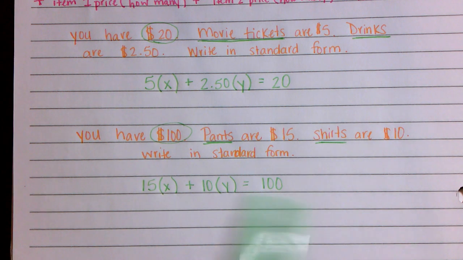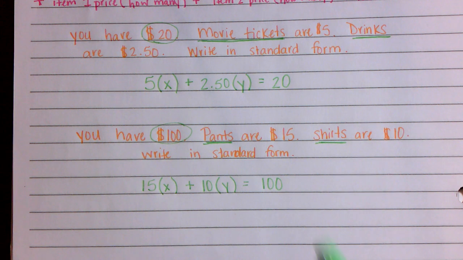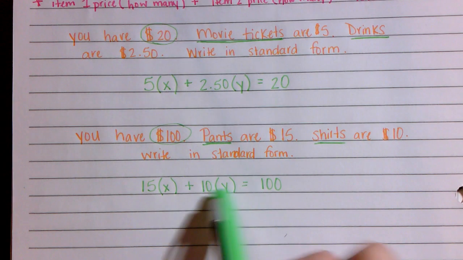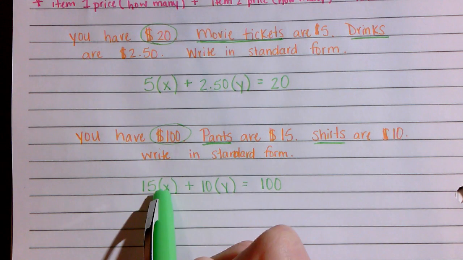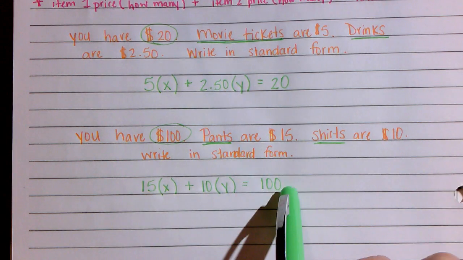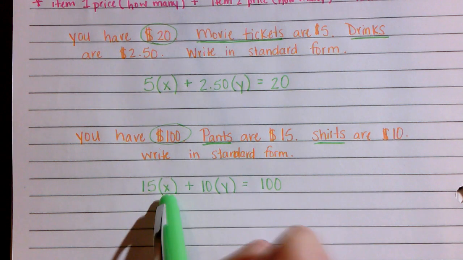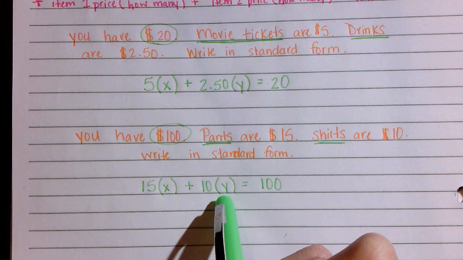And so you can use this again to solve for X or solve for Y and figure out how many pants can you buy, how many shirts can you buy. So I could buy 10 shirts at $10 and no pants at all. And that would be $100. And so you can start to get points. If Y is 10, X is 0. You know?